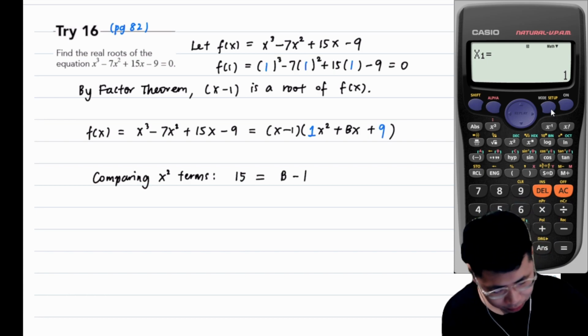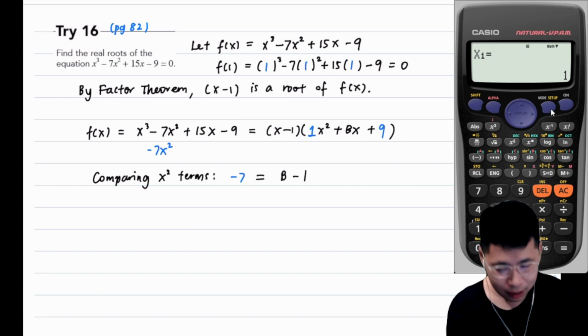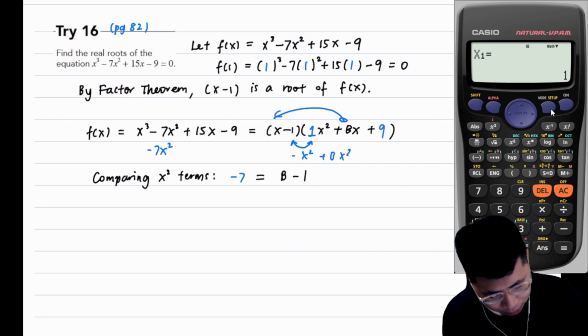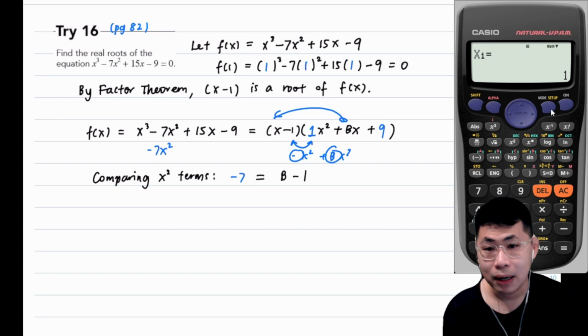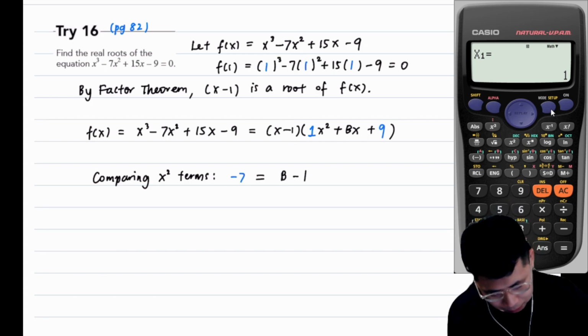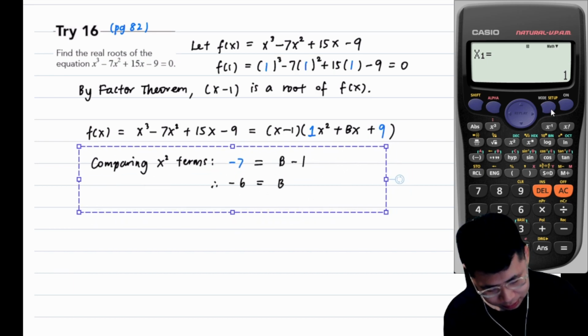So on the right hand side I will have my negative x squared and my bx squared, so it's going to be b minus 1. Comparing x squared terms with negative 7, b is going to be negative 6.